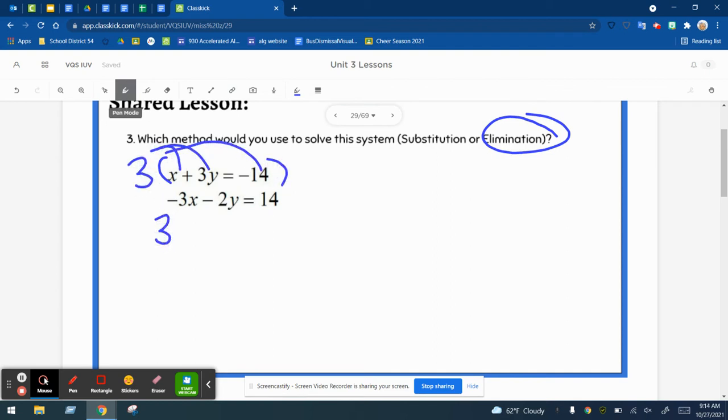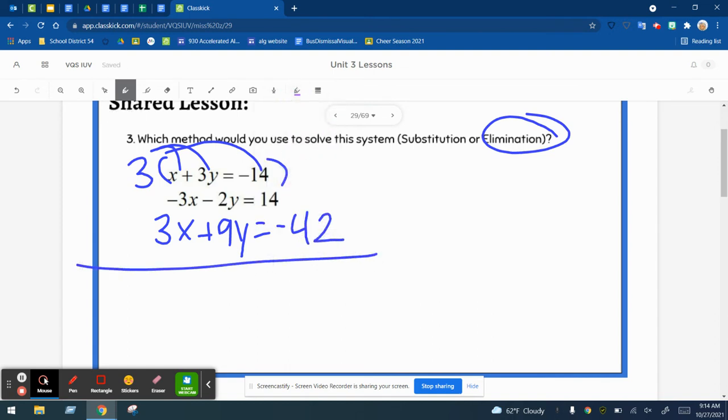So I would get positive 3x plus 9y equals negative 42. And now I can add, and my x values will cancel. So now I have 7y equals negative 28. And divide by 7 to get that y equals negative 4.